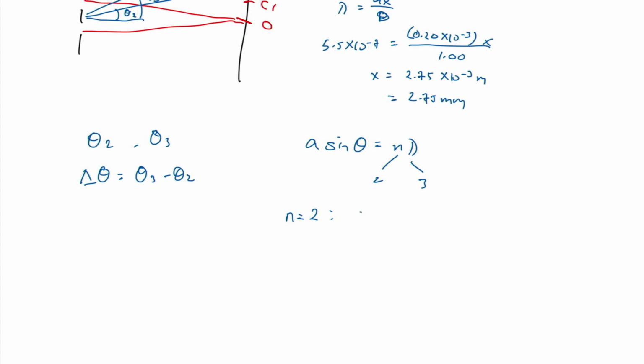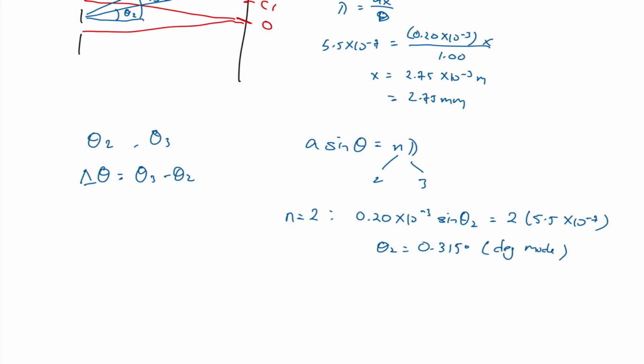Let's substitute in the values. This will be 0.20 times 10 negative 3 sine theta 2 equals 2 times 5.5 times 10 negative 7. You work this out and you get theta 2 equals 0.315 degrees. This is in degree mode on your GC.